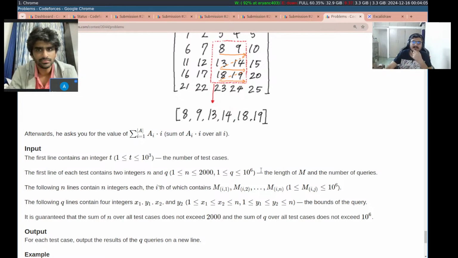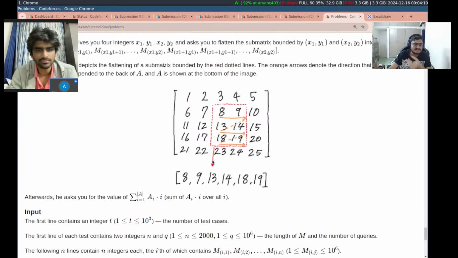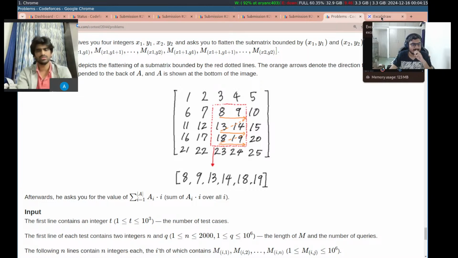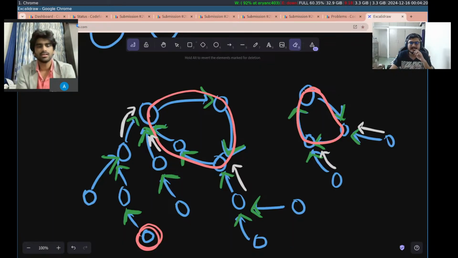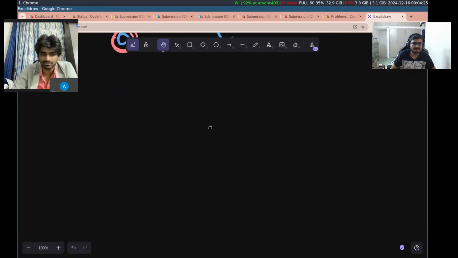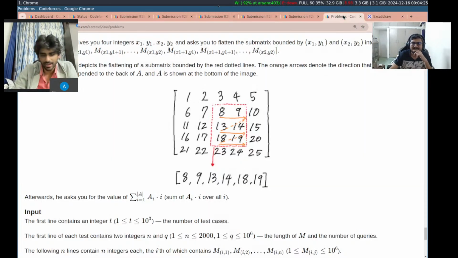I think the main idea was probably 2D prefix sums and some manipulations over there. What was your idea? Yeah, exactly, I used 2D prefix sums. Basically, I made three different matrices for 2D prefix sums, and again some manipulations.